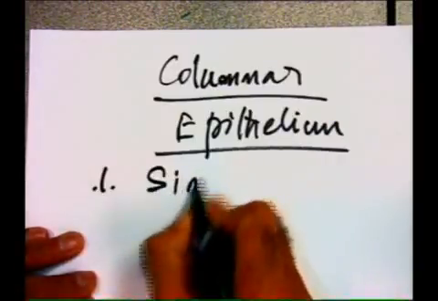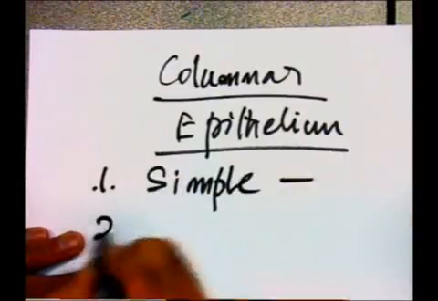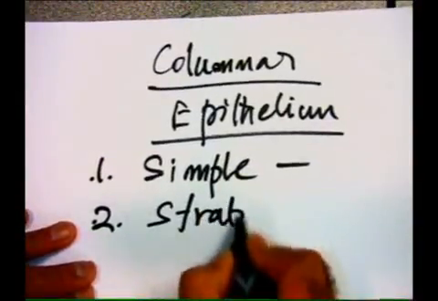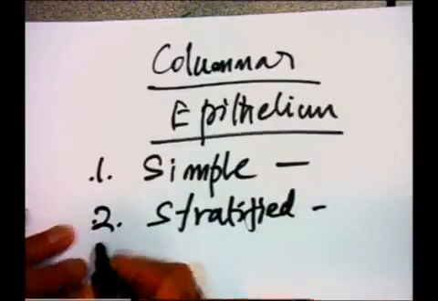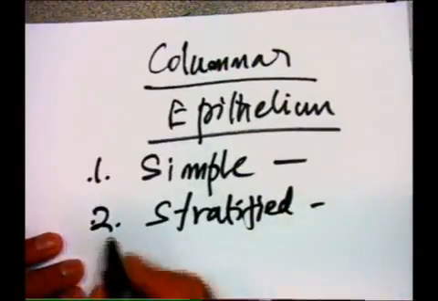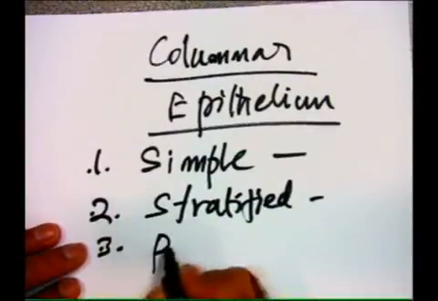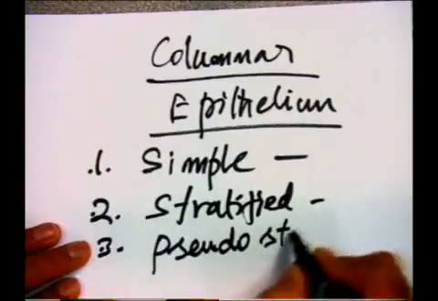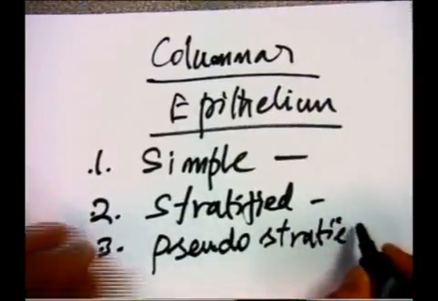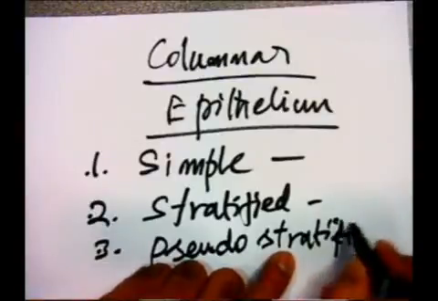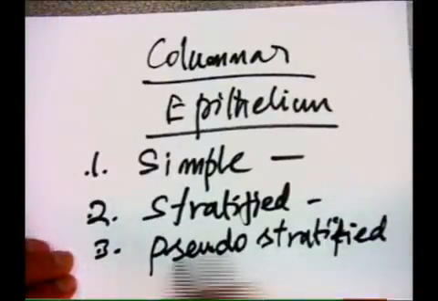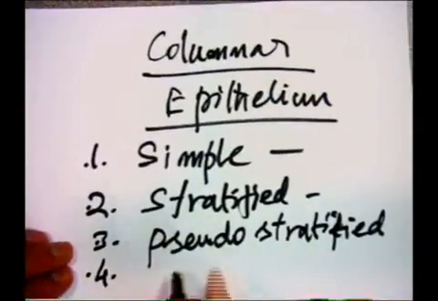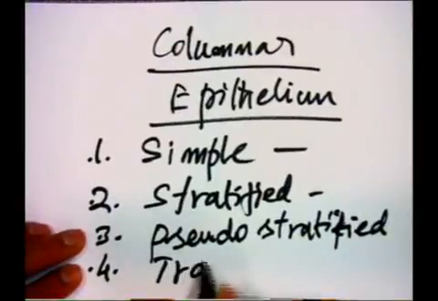Number 1, simple. What does simple mean? Only one layer. Second, stratified, or multiple layers, layer after layer. Third is pseudo-stratified, P-S-E-U-D-O. Pseudo-stratified means it looks like multiple layers, but it is not. The other one is transitional.